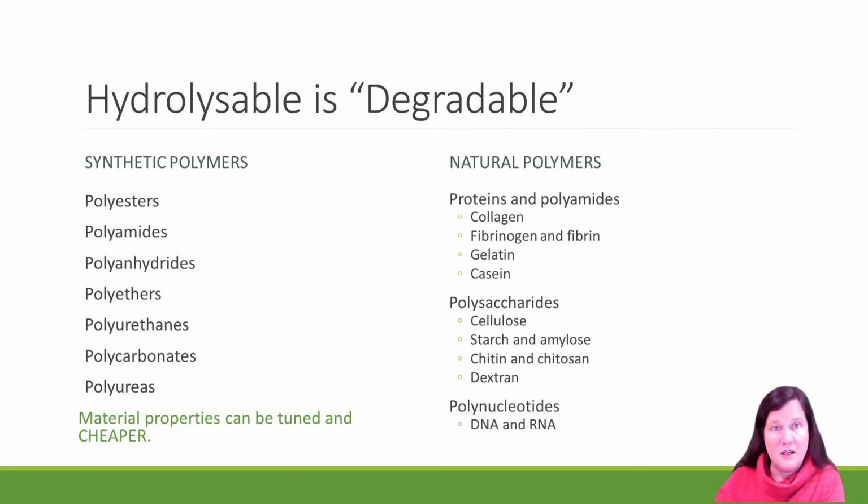And so a lot of times the materials that we're using for controlled drug delivery, for tissue engineering scaffolds and that kind of thing, where we really want to know the degradation profile and control it, often those are made from synthetic materials. But sometimes natural materials have a bigger advantage as well. So you see more natural materials used in tissue engineering, and definitely synthetic materials are used more in drug delivery.